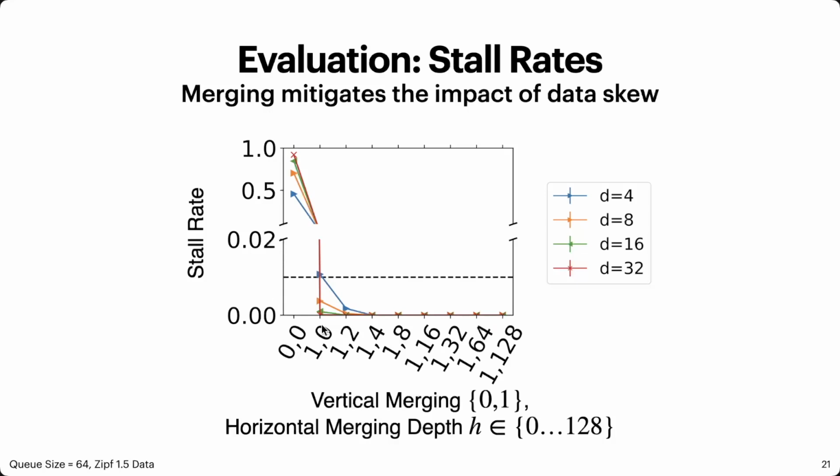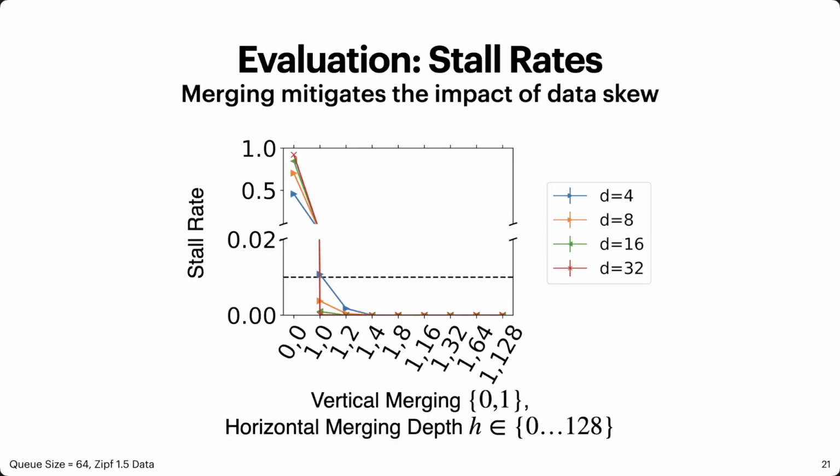Then if we add a vertical merger, this already drops significantly. And then if we gradually increase the buffer for the vertical mergers, we can even get rid of the stalls altogether, which is quite a good result. In the paper, we tested real-world data sets as well, and they essentially allow for the same conclusion. So if we invest enough resources into merging, we're actually able to prevent stalls almost entirely.